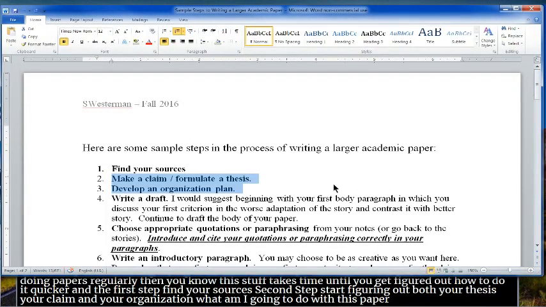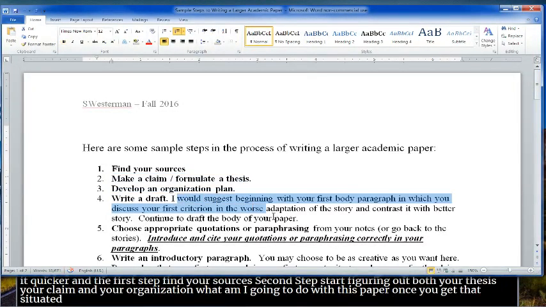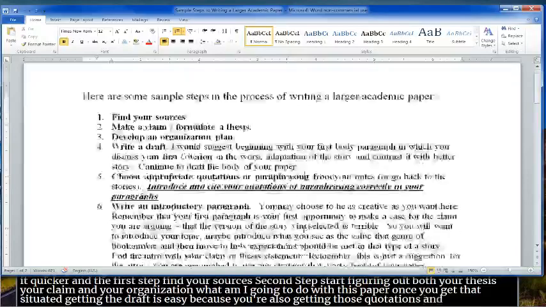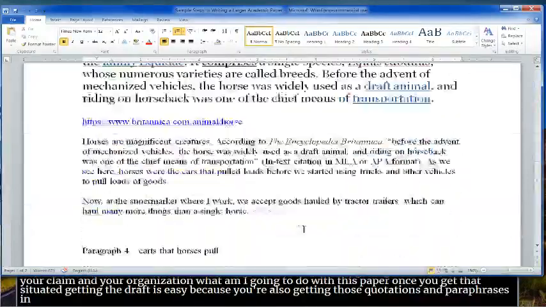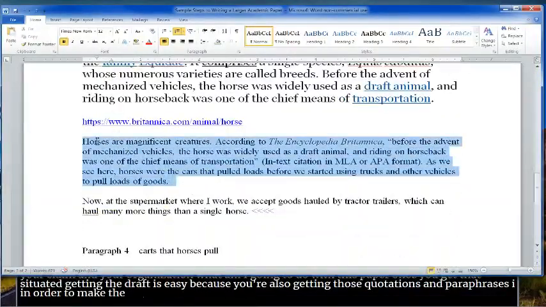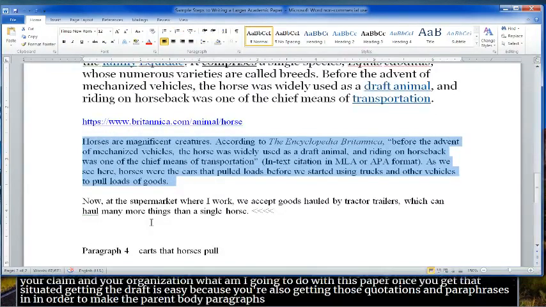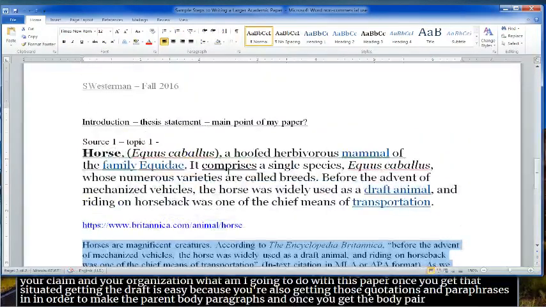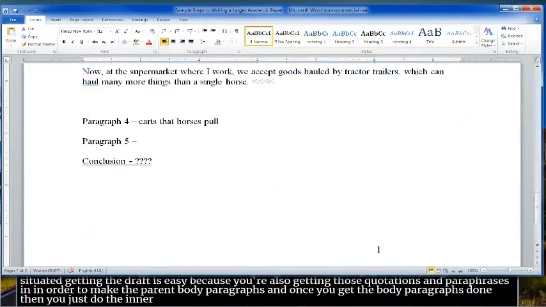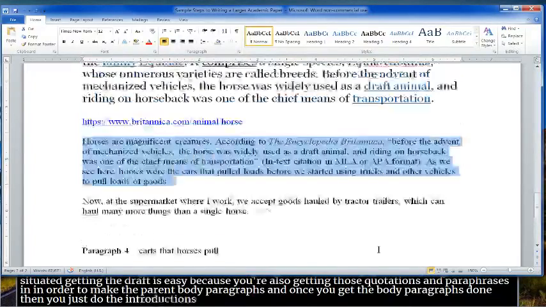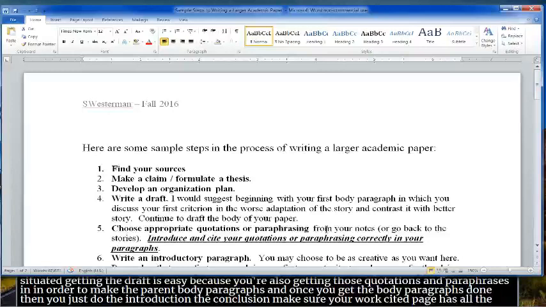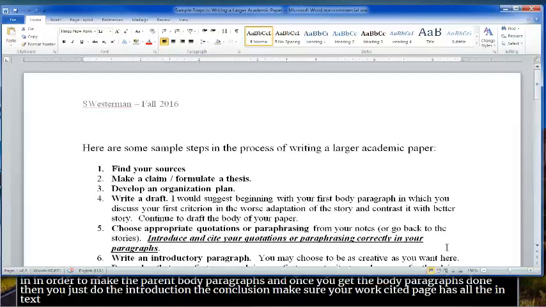Once you get that situated, getting the draft is easy because you're also getting those quotations and paraphrases in order to make the body paragraphs. And once you get the body paragraphs done, then you just do the introduction, the conclusion, make sure your works cited page has all the in-text, and it works. But it takes time.